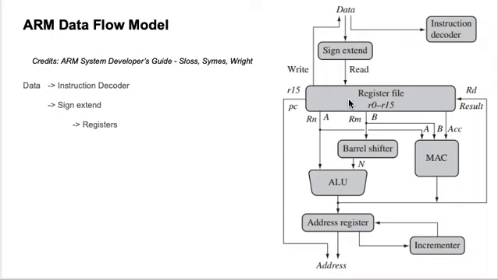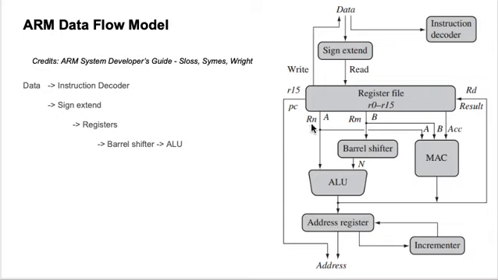The data is read into the register file, and there are 16 user registers which are named R0 to R15. After being read into the registers for further processing, the data can be given to the arithmetic logic unit, the ALU, or it can be acted upon in combination with the barrel shifter and MAC, which is the multiplier accumulate unit.